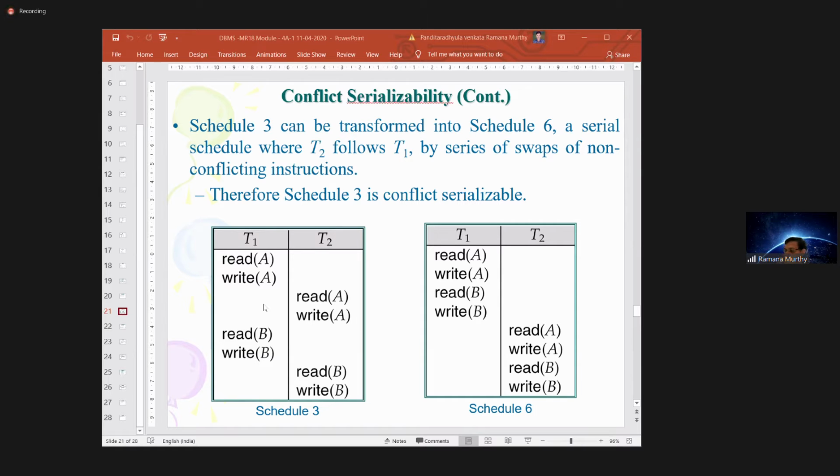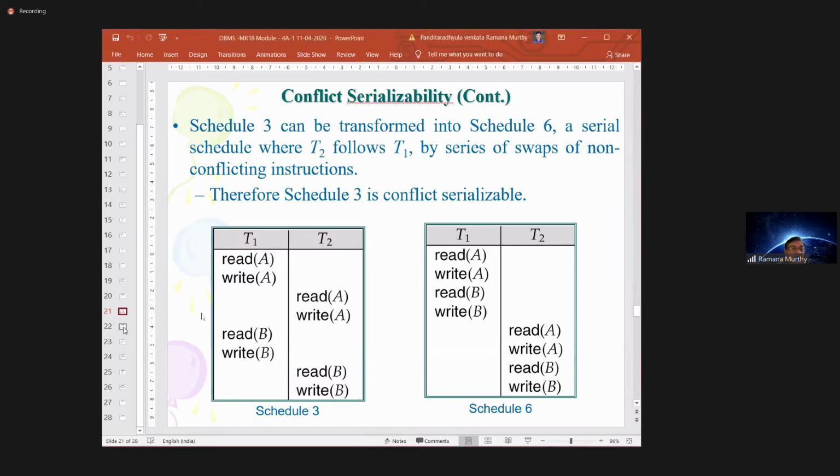That is a must. So this is a possible serializable schedule, so that we can perform T1 and T2 simultaneously.